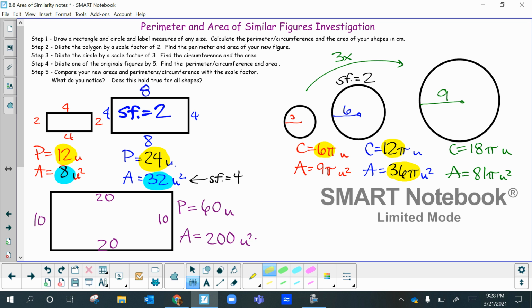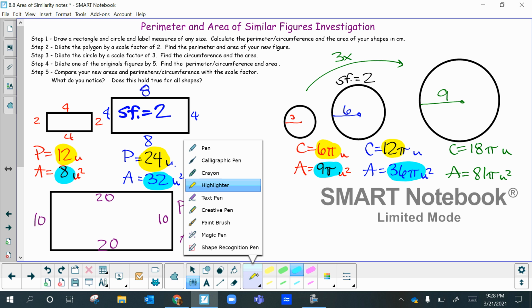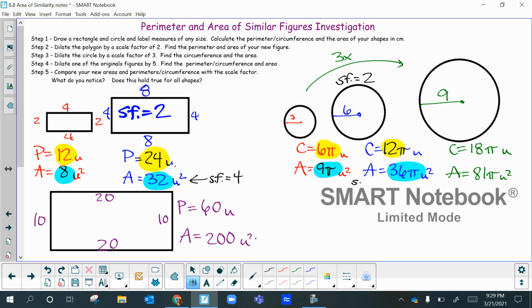However, the area did not get 2 times bigger. This area right here got 4 times bigger. So I'm going to write that down. The scale factor again for the area is 4, not 2.